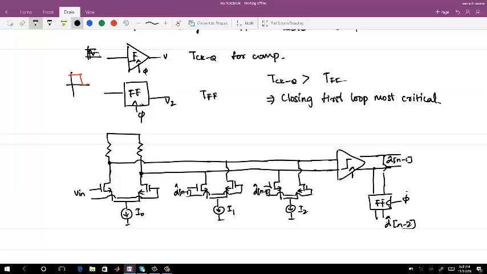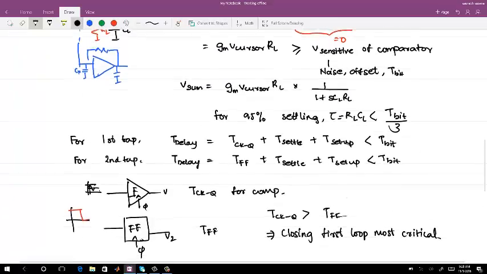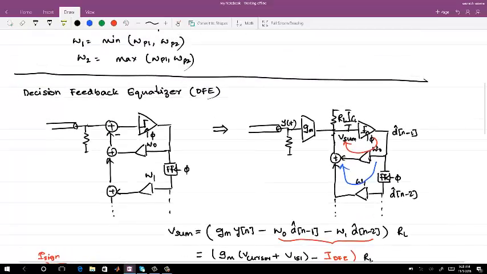Since you now also have a resistor, you have a capacitance load in both the nodes. This is a very typical implementation of the DFE, which you just see here.